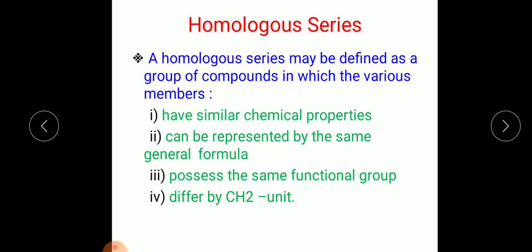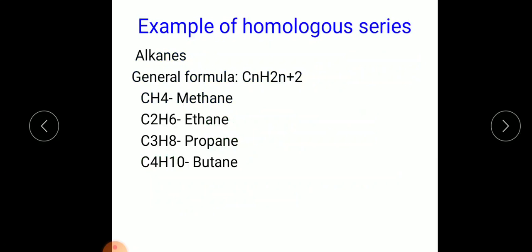To understand this, we'll take an example: alkanes, which have the general formula CnH2n+2. With n equal to 1, we have CH4, that is methane. With 2, we have C2H6, ethane; C3H8 for propane; C4H10 for butane.